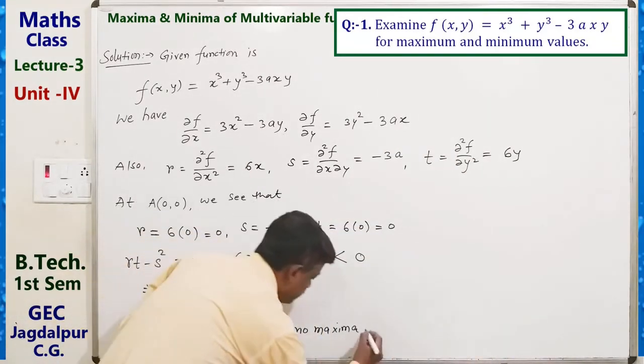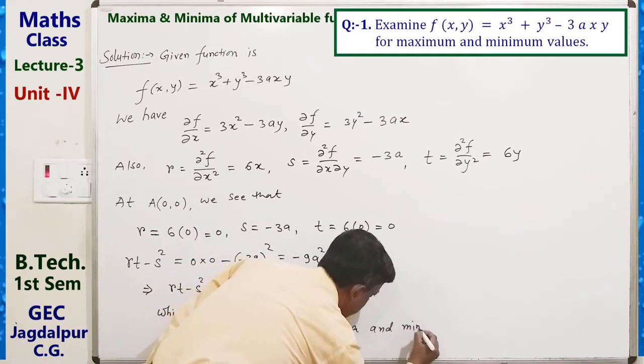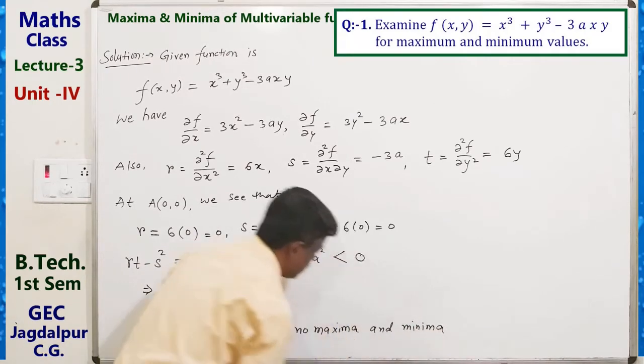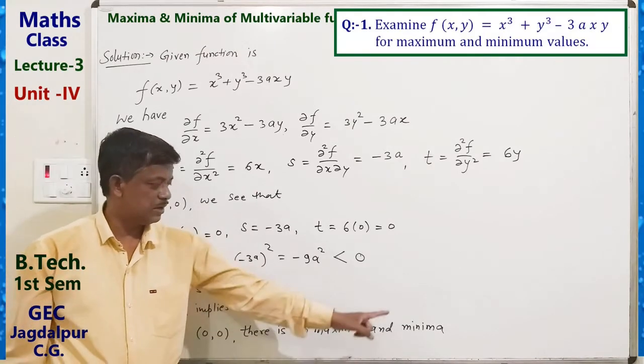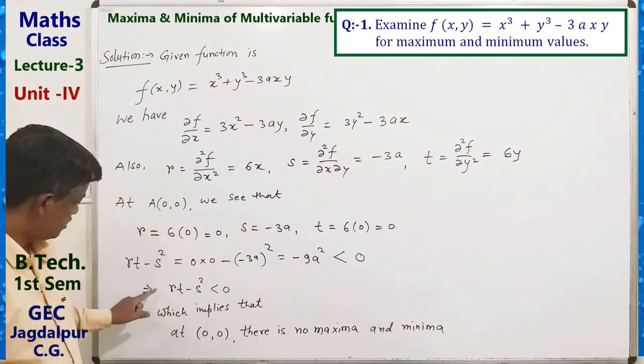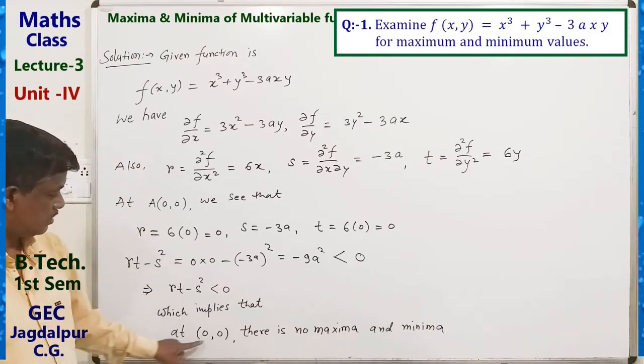There is no maximum and minimum at this point because rt minus s square is less than 0 at 0, 0.